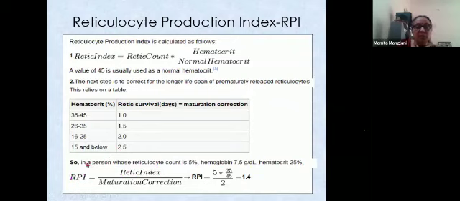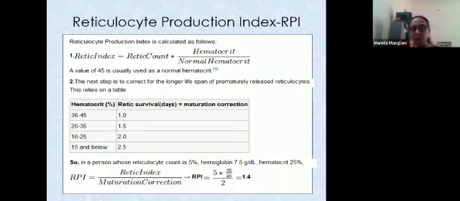So the retic production index is when you have a retic of 5 and a hematocrit of 25, with 45 taken as the normal hematocrit, then you divide this by 2, because your hematocrit is 25 and the maturation correction is 2, and you get 1.4. Anything below 1 suggests marrow failure. Anything above 3 suggests hemolysis. Anything between 1 and 3 suggests normal.